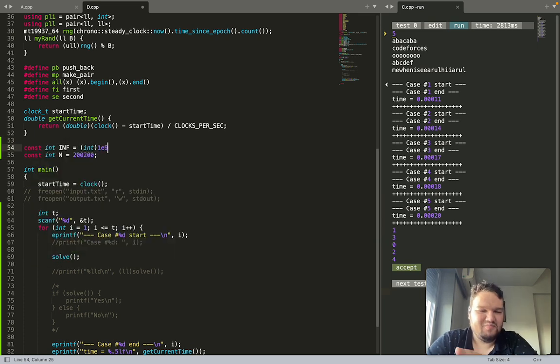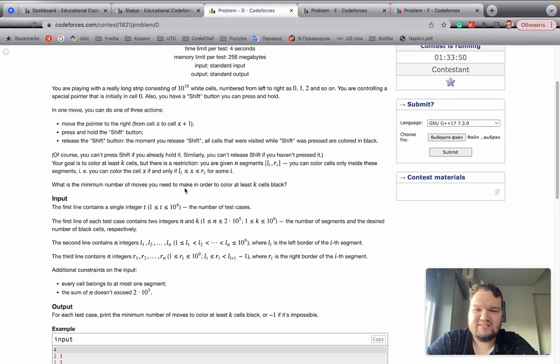This will be a big place for getting wrong answers. The infinity is not 10 to the 9th, because we can spend 10 to the 9th moves and also 2n operations on pressing the shift button.